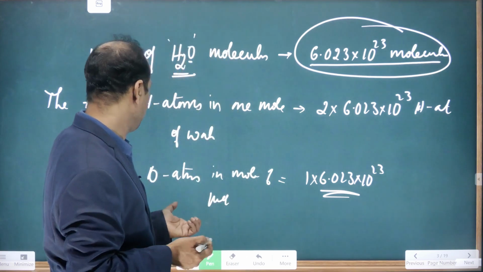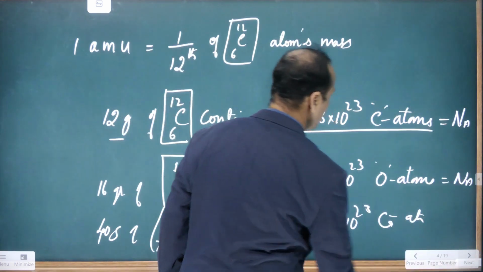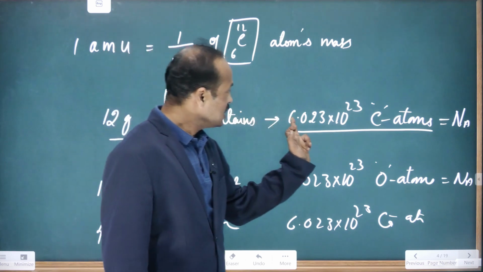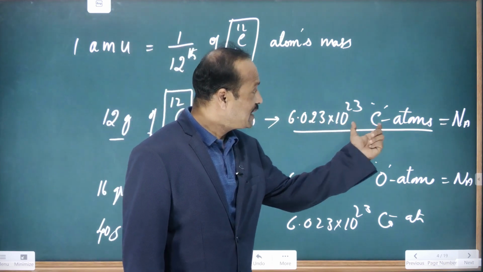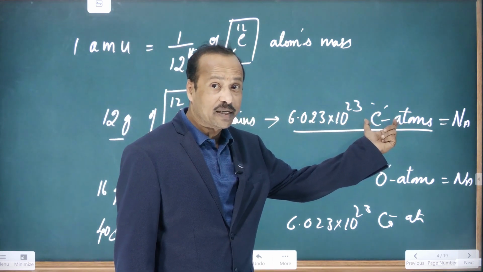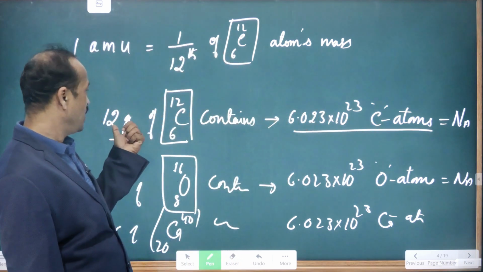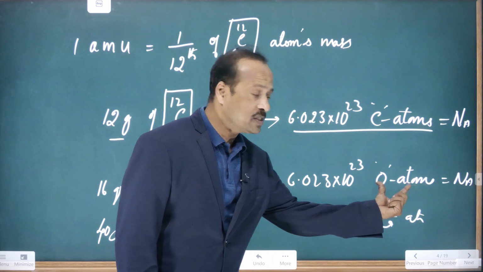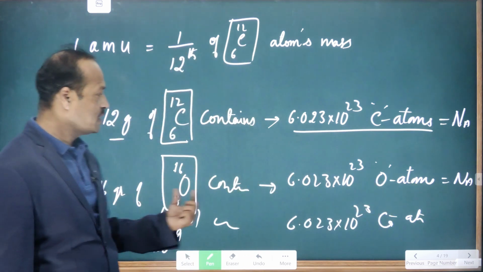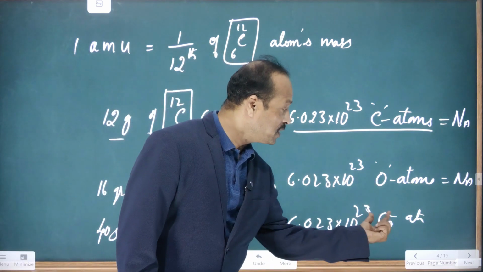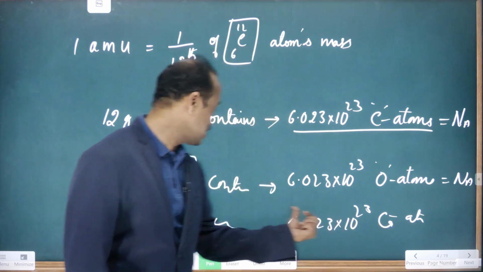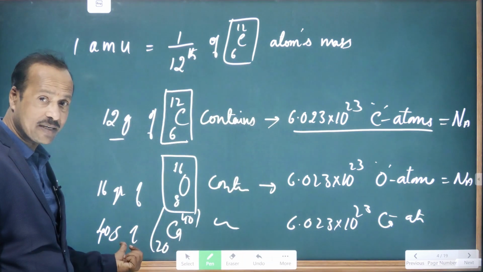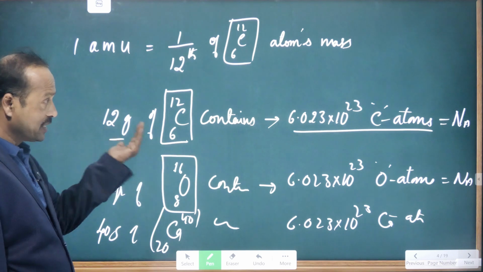So see here, for example, 6.023 into 10 to the power of 23 carbon atoms weigh how much? 12 grams. 6.023 into 10 to the power of 23 oxygen atoms weigh how much? 16 grams. 6.023 into 10 to the power of 23 calcium atoms mass is how much? 40 grams. Right? Did you understand? Now we are coming in the reverse order.